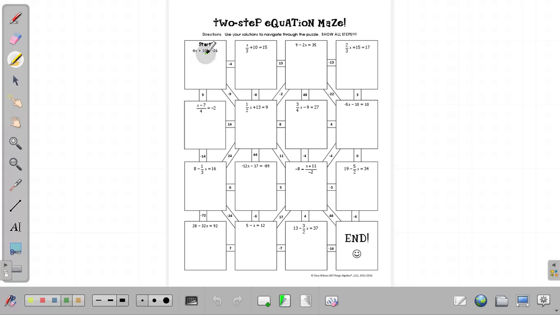So you're going to start here by solving this equation. When you solve it, it's going to give you an answer. And based on the answer, that tells you which box you go to next. So as I write this, this tells you from each equation which box you go to after that. Now, if you don't go to one of the boxes, you don't have to go and solve those equations. Now, if you wanted to for the extra practice, you could.